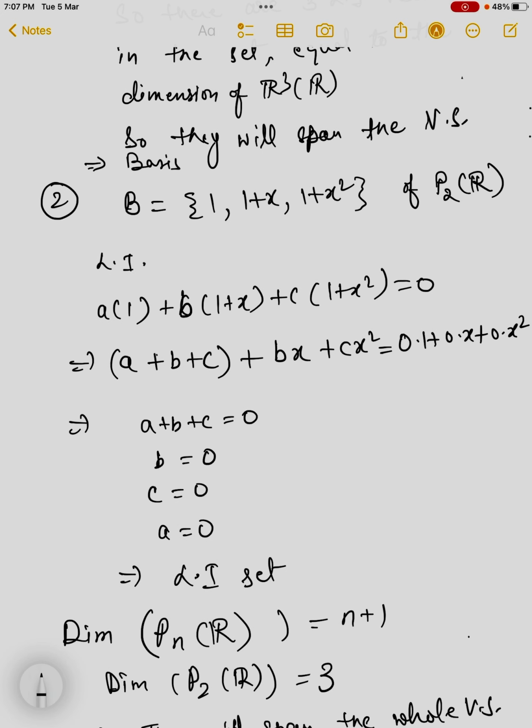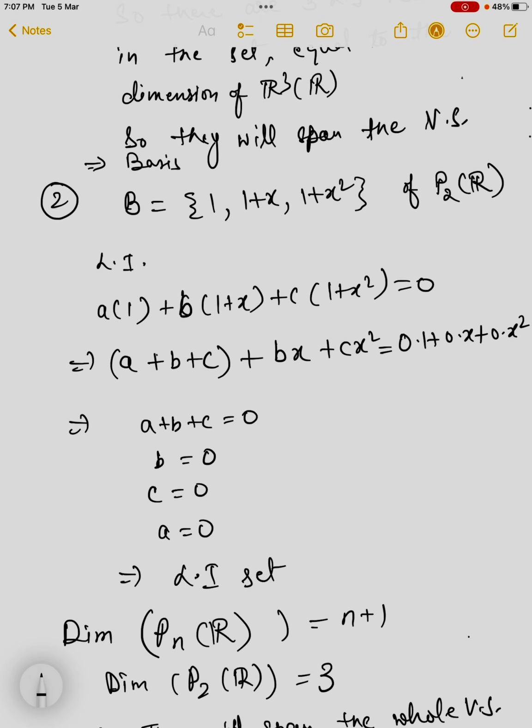We can take a set of polynomials also, to check whether they form a basis for the set of polynomials. So, what is the first property to check for a basis? They must be LI.